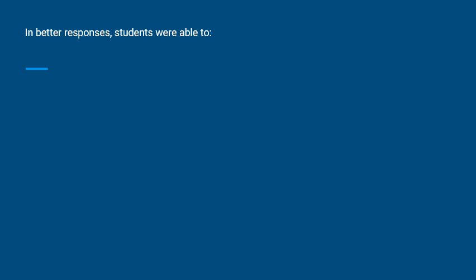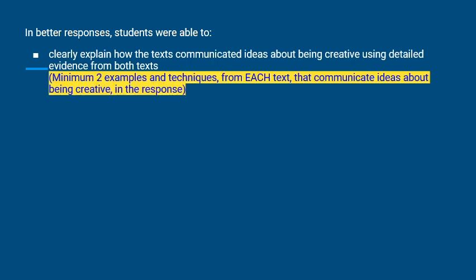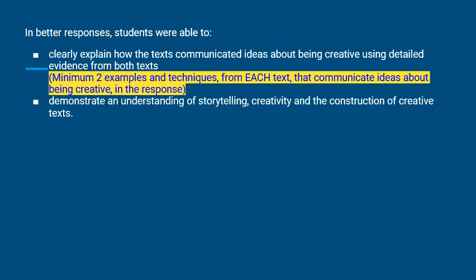So in the better responses, students were able to clearly explain how the texts communicated ideas about being creative using detailed evidence from both texts. So a minimum of 2 examples and techniques from each text that communicate ideas about being creative were in their response. In the better responses, students were able to demonstrate an understanding of storytelling, creativity, and the construction of creative texts.